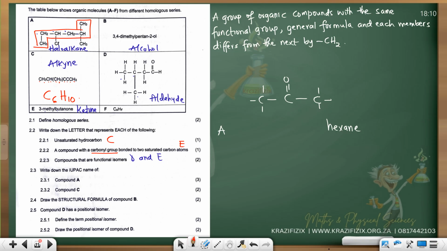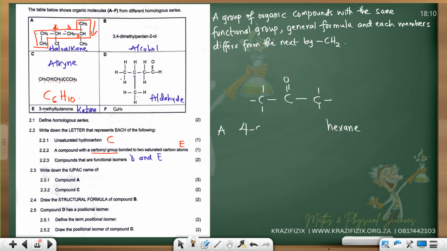A chlorine and what? A methyl. But I need to look at the one that is closest to the terminal, which is numbering from here. Carbon 1, carbon number 2, carbon 3, carbon number 4. Make sense? But when I write, I must write alphabetically. Chlorine comes before methyl. So what should that name be?